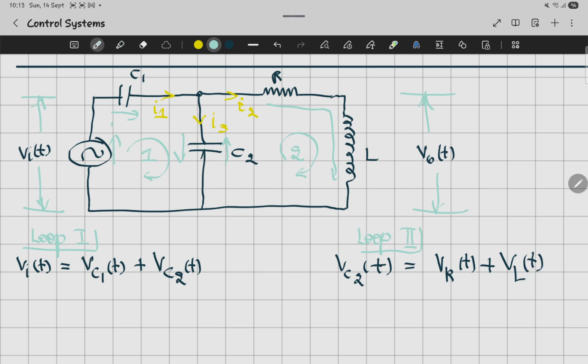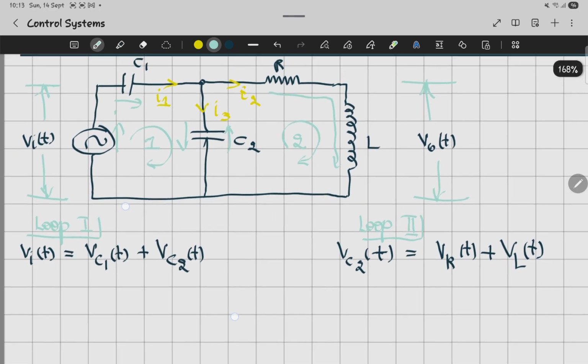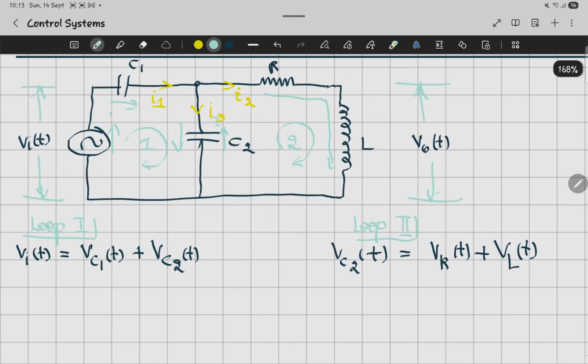Okay, and in terms of current, we're going to have two currents in loop 1 and loop 2 because of the capacitor that you see in between. So for the current for loop 1, the current that's going to be used for loop 1, okay, and the current across loop 2, we're going to have this equation.